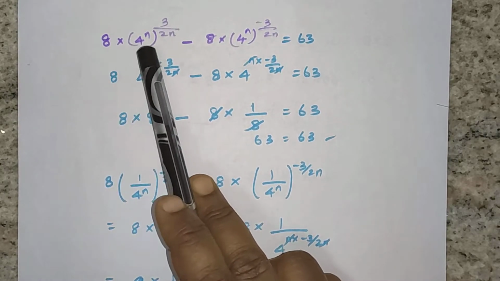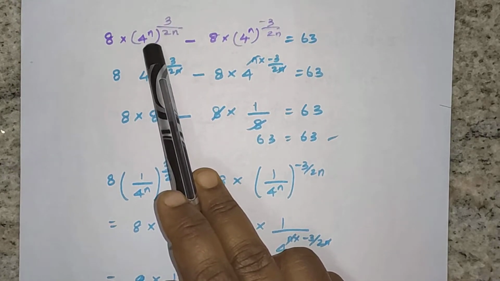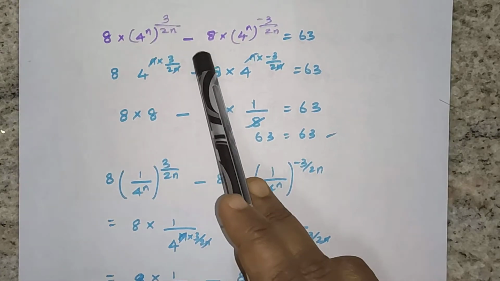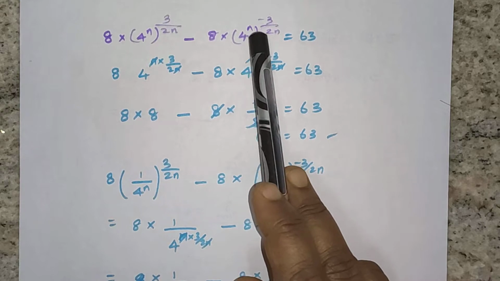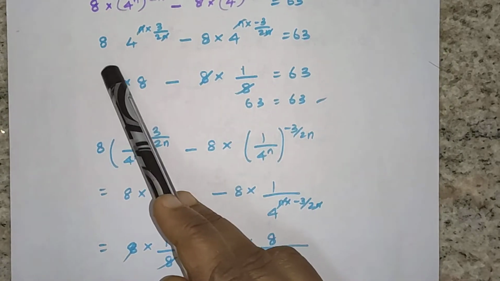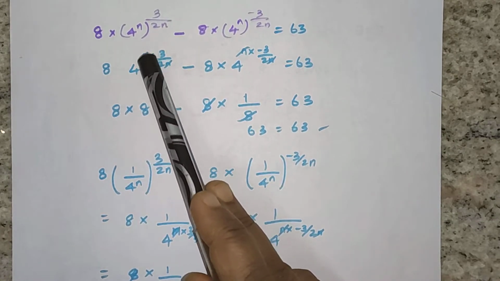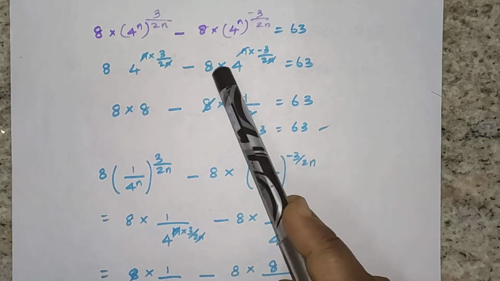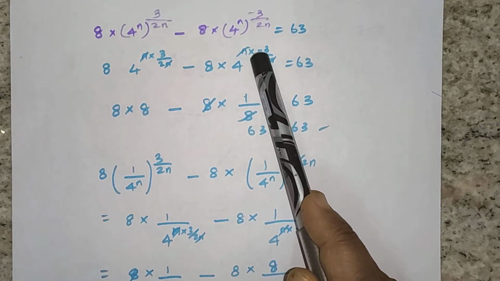So 8 into, instead of x we substitute, for first, 4 power n whole power 3 by 2n, minus 8 into 4 power n whole power minus 3 by 2n equal to 63. So 8 into 4 power n into 3 by 2n, n gets cancelled. Here also 4 power n into minus 3 by 2n.